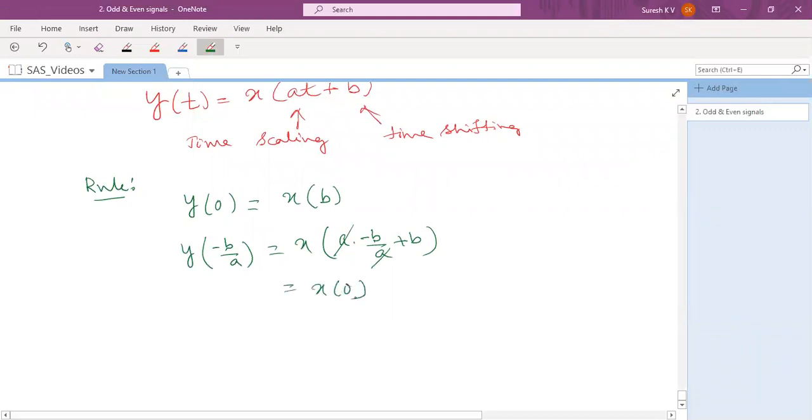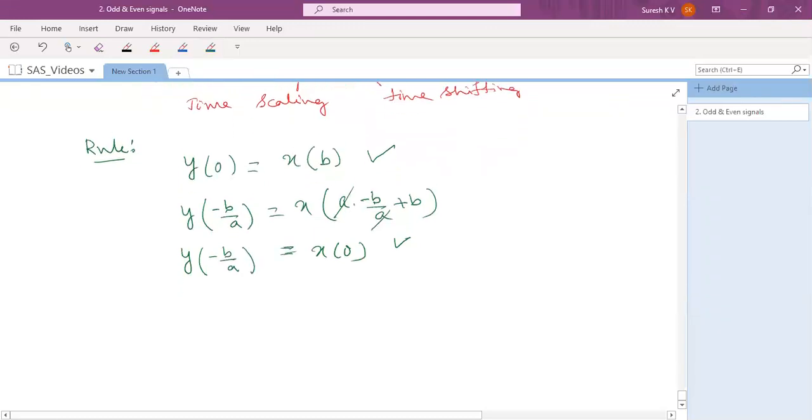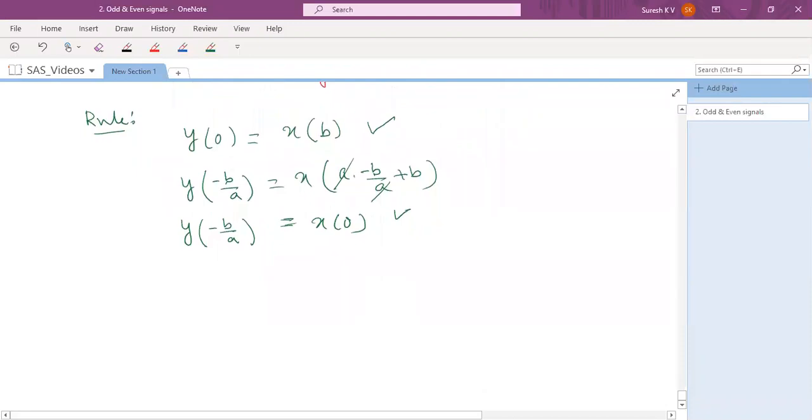So after I perform the operation, it should satisfy these two conditions. That means y at 0 should be equal to x at b, y at minus b by a should be equal to x at 0. So to satisfy this, we are supposed to do the following procedure.